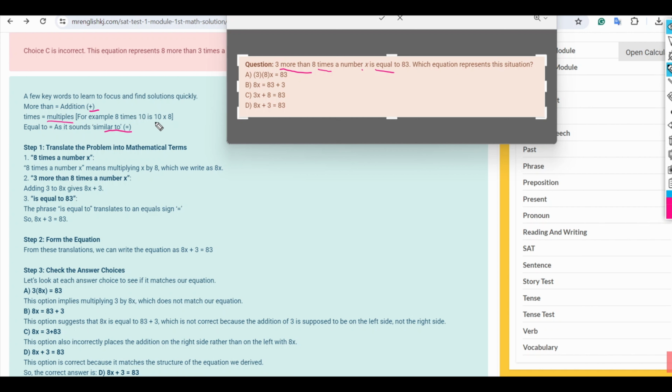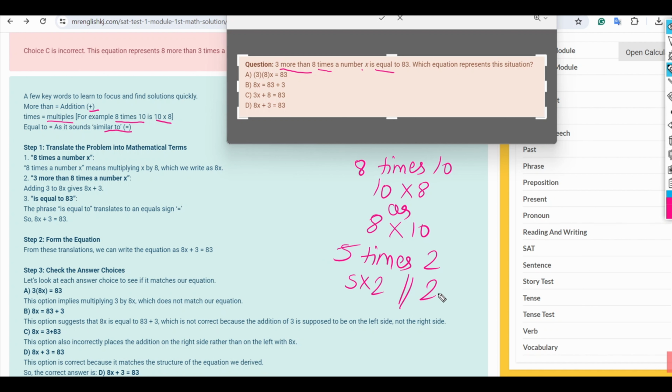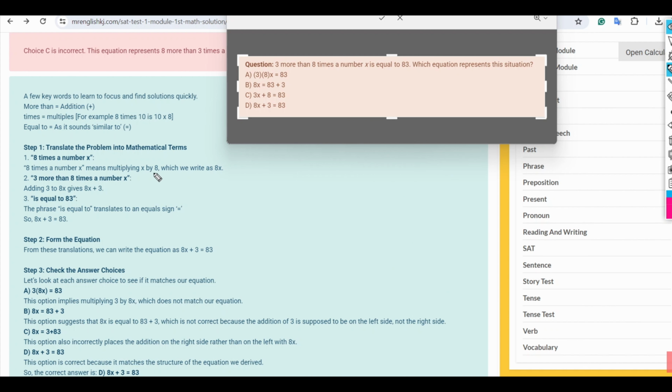Here as you can see, 8 meaning 8 times 10. When we say 8 times 10, that means 10 multiply 8 or 8 multiply 10. If we say 5 times 2, that is also the same. 5 multiply 2 or 2 multiply 5, whichever you prefer.